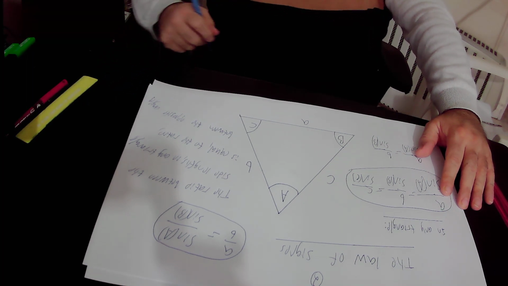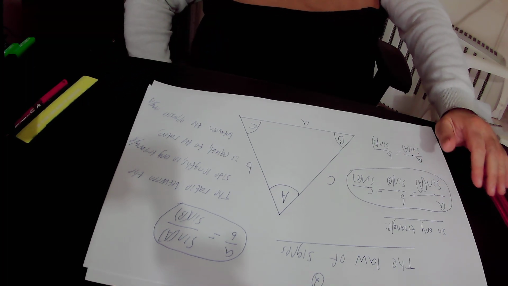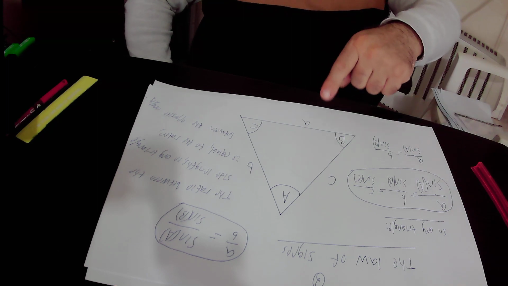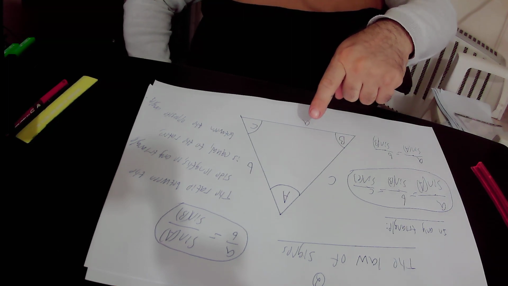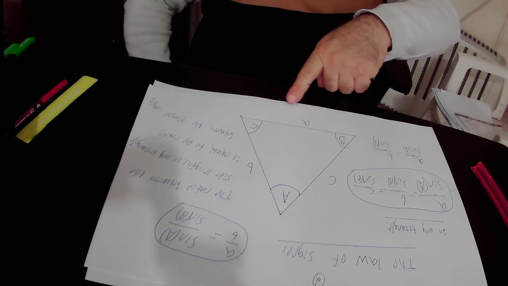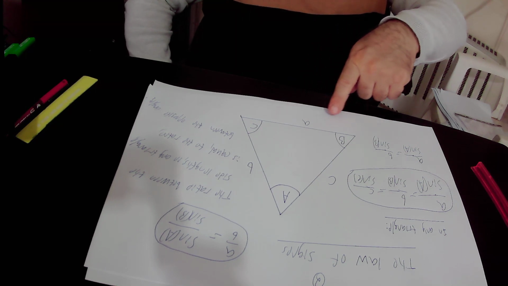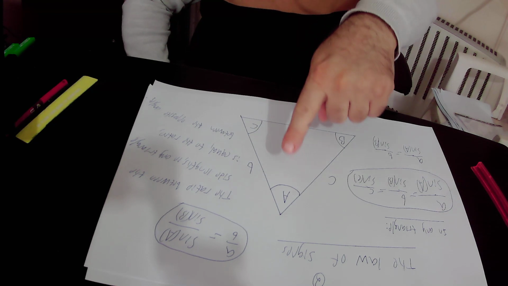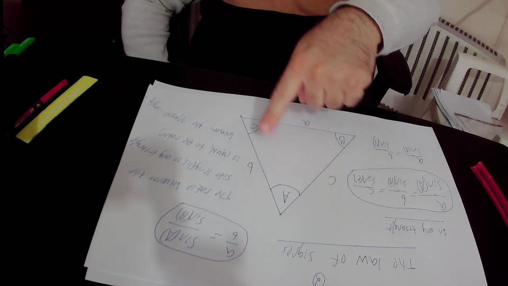I repeat again, the ratio between the side lengths in any triangle is equal to the ratio between the opposite angles. So you can see here, angle A is located opposite this side, and angle B is located opposite this side.